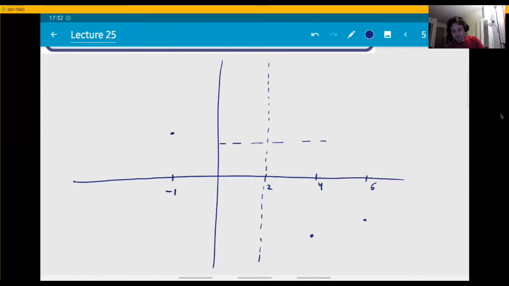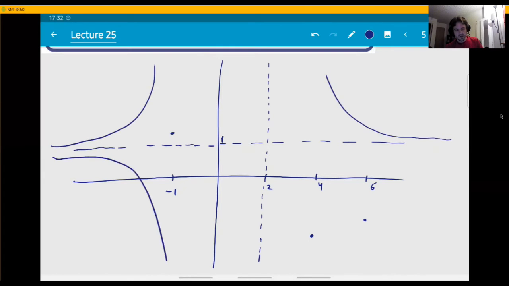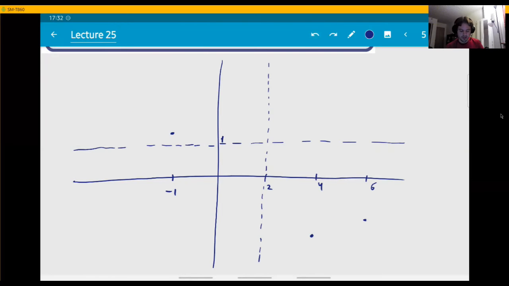What else? y equals 1 is a horizontal asymptote. They told us that. Now, we don't know yet if this is going to be an asymptote for x going to infinity or x going to minus infinity, or both. Any one of these things could happen, but we're going to be able to determine that.